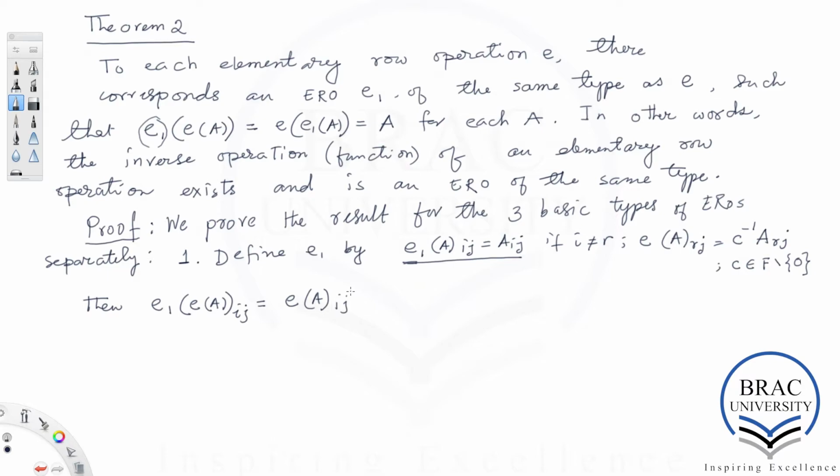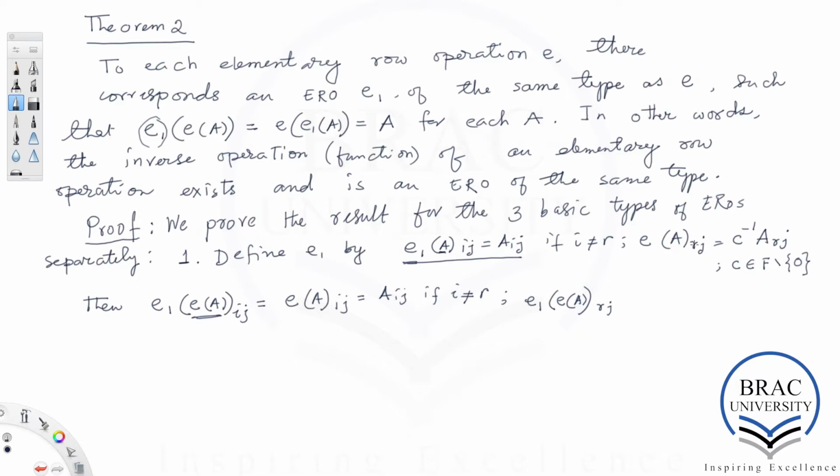In this case, we just replaced A with E of A. So E of Aij is equal to, by this definition, Aij if I is not equal to R. And using this part of the definition of E1, we see that E1 of E of A Rj. So we are using this definition.